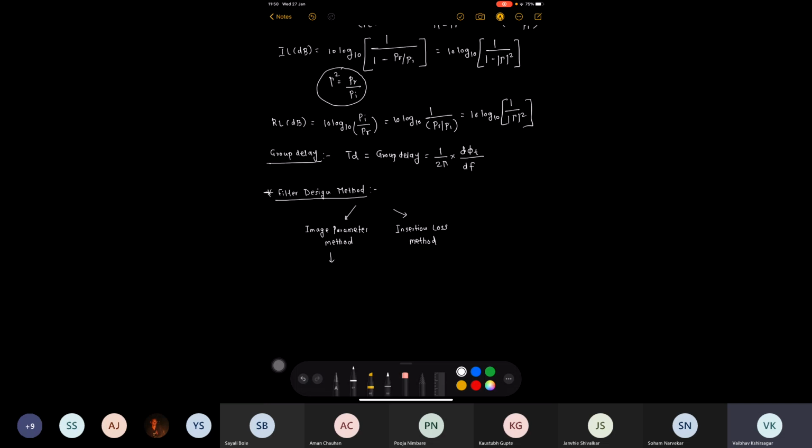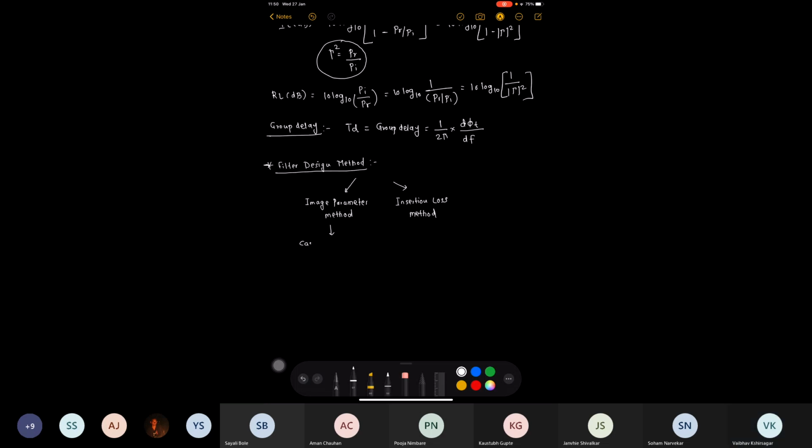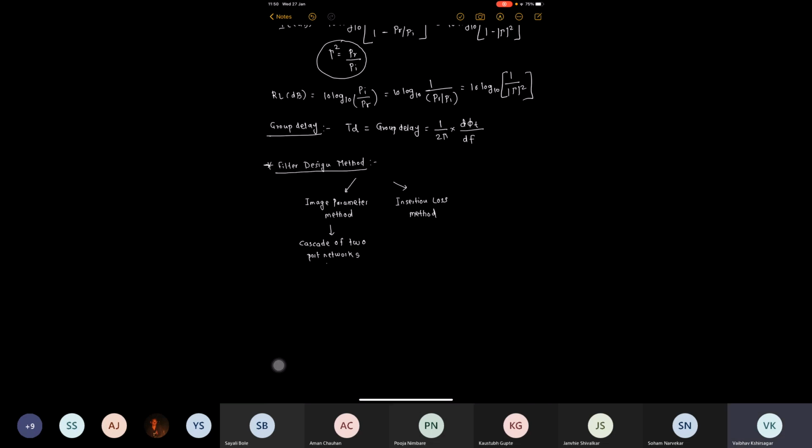Whenever we design a filter using image parameters, it consists of a cascade of two-port networks. These two-port networks can provide us stopband and passband characteristics. And this is how the image parameter method is going to work.